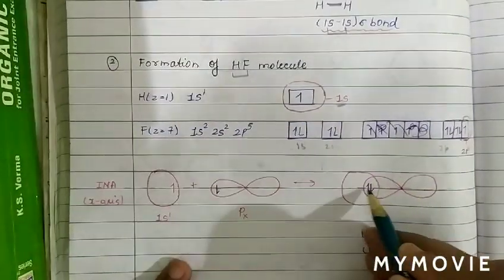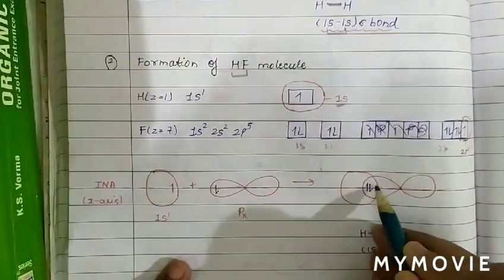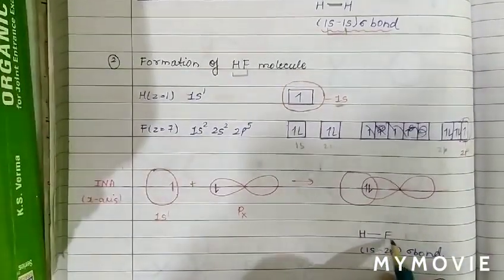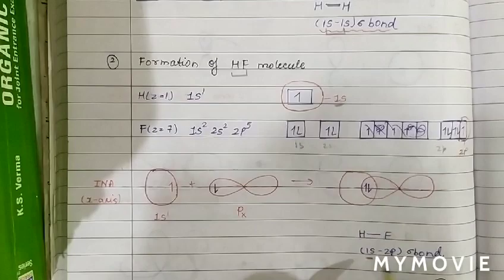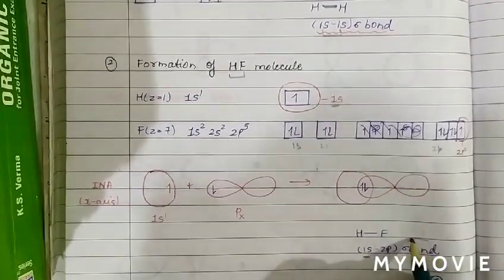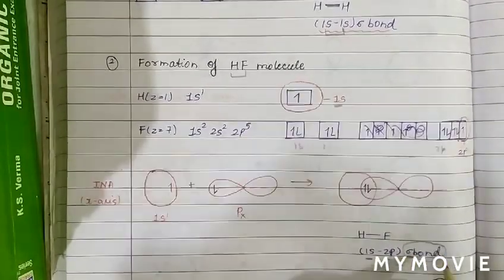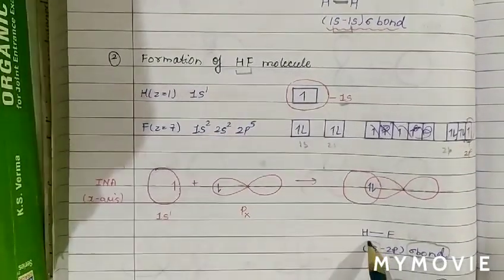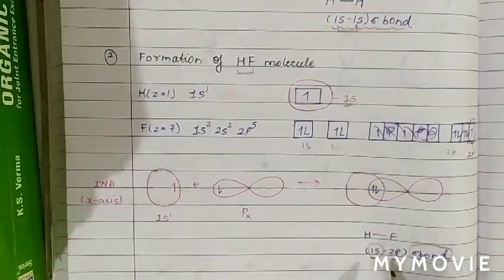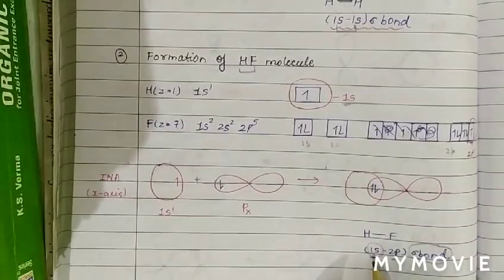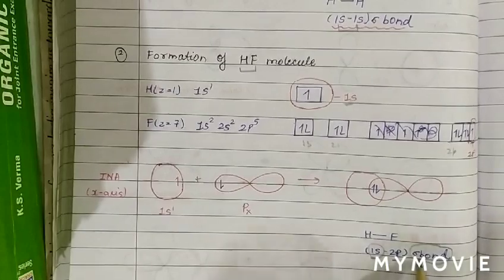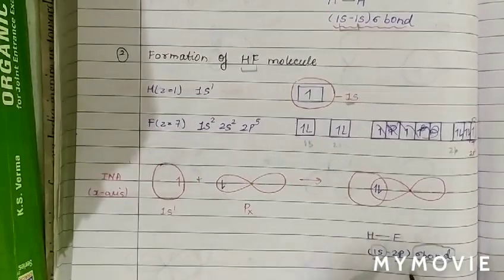So overlapping takes place between these orbitals with head-on overlapping. Therefore in hydrogen fluoride, overlapping between 1s and 2p and formation of sigma bond occurs. If one of the orbitals participating in bonding is 1s, then there must be formation of sigma bond.